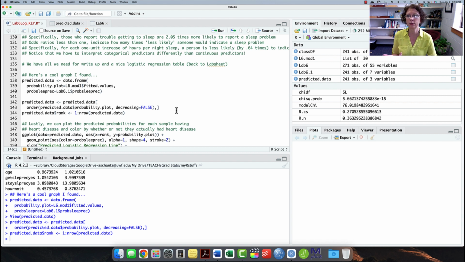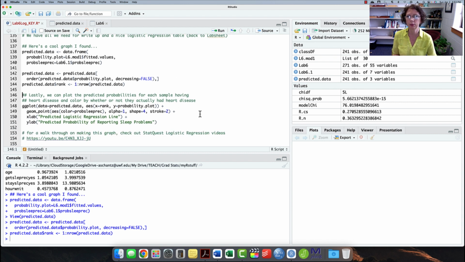Okay, with those two in place, we're able to plot the predicted probabilities, against, not heart disease, that's where I got the example from, of each sample reporting a sleep problem. And by color, by whether or not they actually reported a sleep problem.